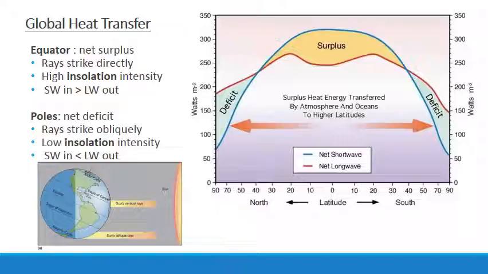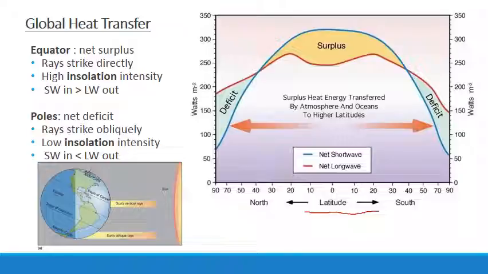Near the equator, there's a net surplus of energy. So that's in these latitudes here, right? We see all the way up and even beyond the tropic lines an excess. There's a surplus of energy.